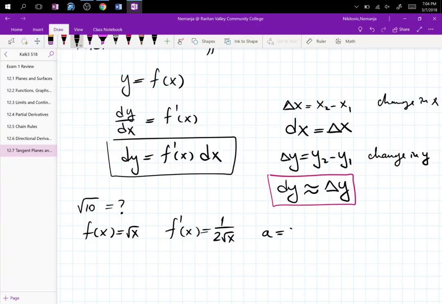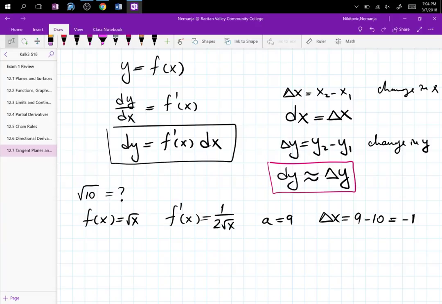And I also need a equal to 9, the closest point that I can actually compute. Now, here is the cool part. You want to have a change from 9 to 10, so you are calculating delta x and you are getting 1. Sorry, the change of x is 1, because you are going from 9 to 10.